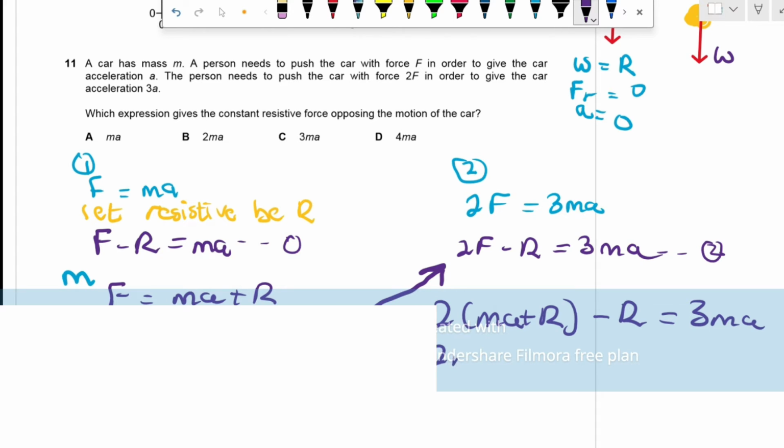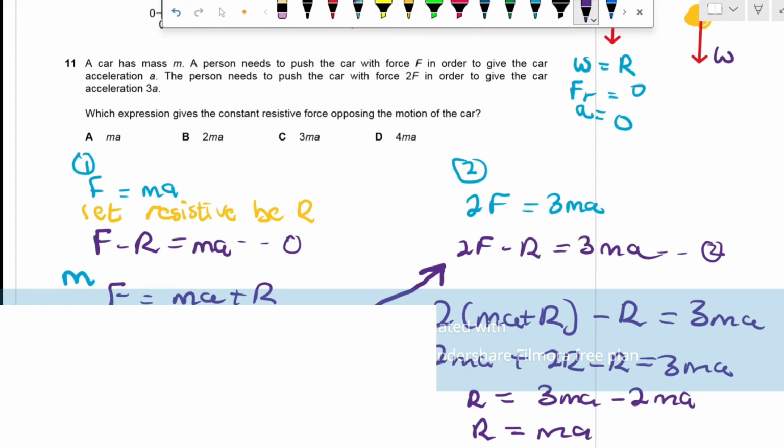So this is 2ma plus 2R minus R equivalent to 3ma. So R is going to be equivalent to 3ma minus 2ma. Therefore, R, the resistive force, is equivalent to ma, and the answer is going to be A.